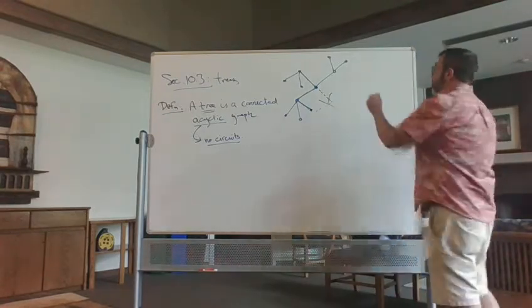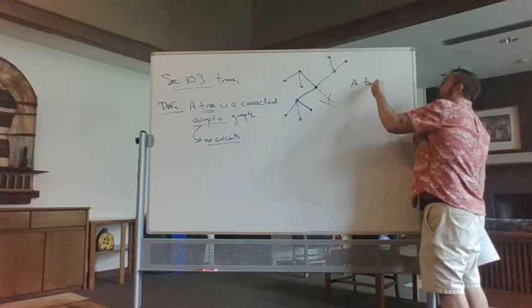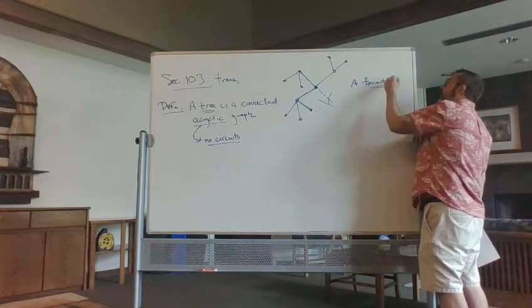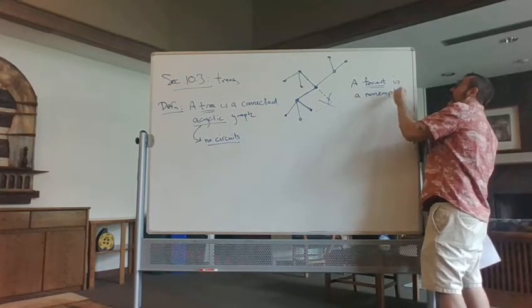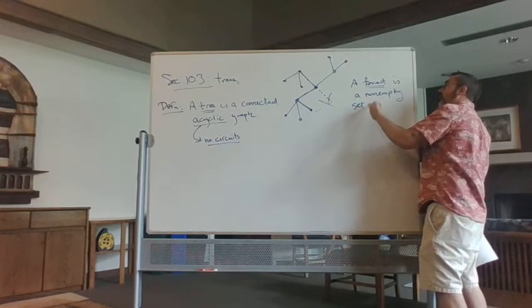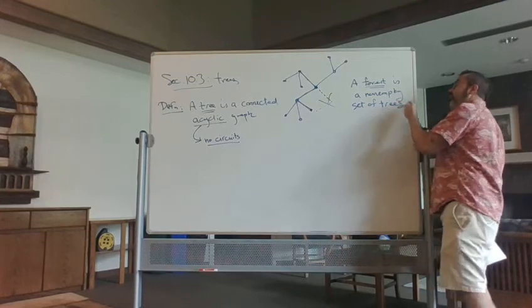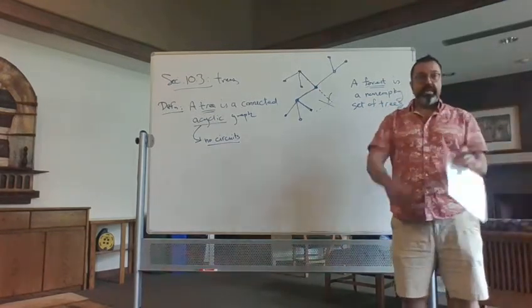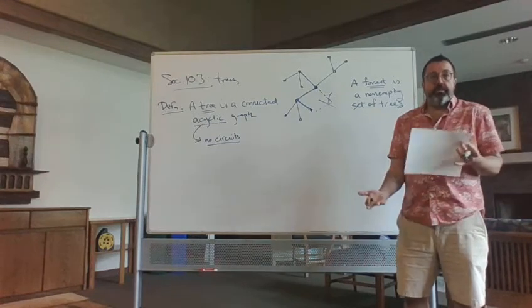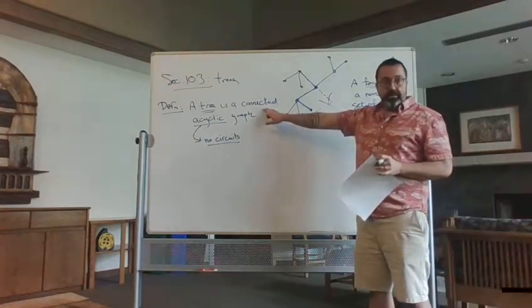A forest, by the way, and yes, this is a technical term, is a non-empty collection of trees. So if you have a bunch of trees and you put them together on the page, that's a forest. The only difference is it's no longer connected necessarily.